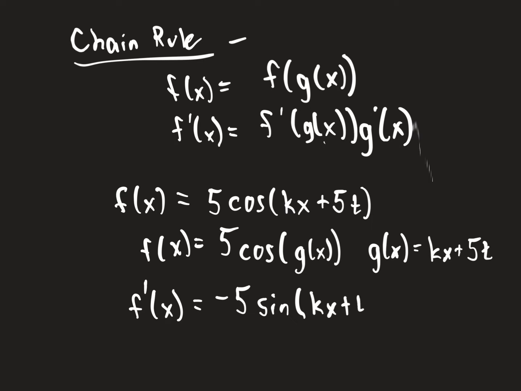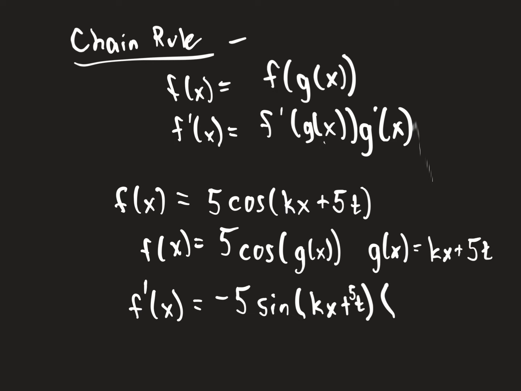And then the biggest mistake people make when doing derivatives of trigonometric functions like this is they forget the chain rule. You have to take the derivative of whatever is inside of the sine function, the function inside of the other function. So I have to take the derivative of kx plus 5t. I lost a 5.